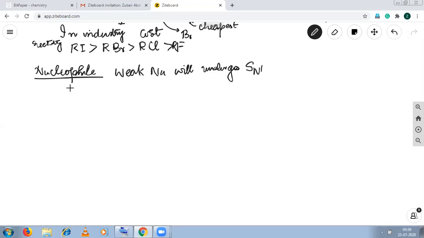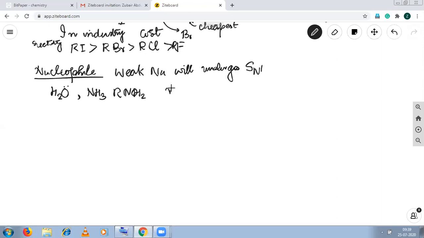What are the weak nucleophiles? H2O is a weak nucleophile. Then NH3 is a weak nucleophile. RNH2 is a weak nucleophile. These are neutral nucleophiles.